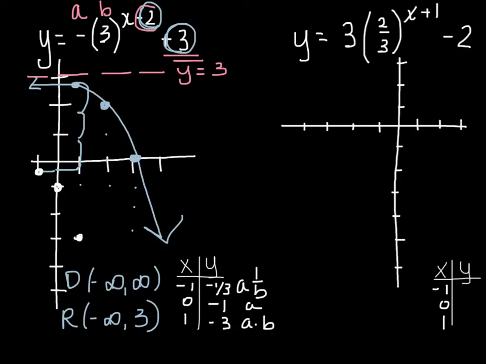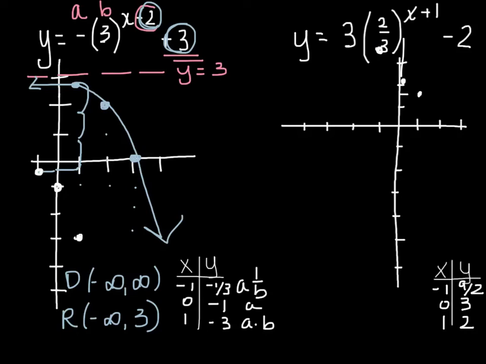Negative 1 is a times 1 over b, so it's going to be 9 halves. Plug in 0, it's just a. Plug in 1, it's a times b. That's 4.5. So now 4.5 is going to be here. 0, 3, and 1, 2.